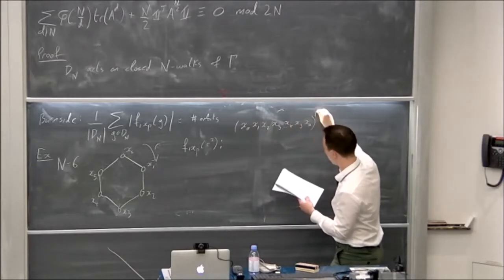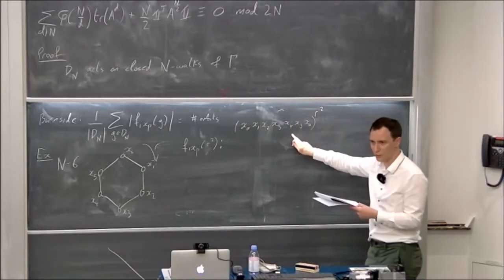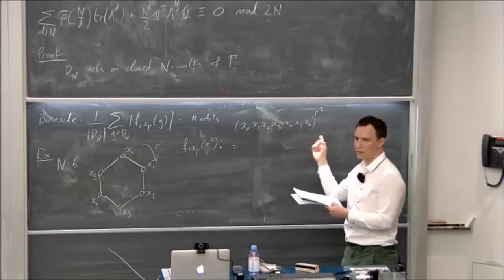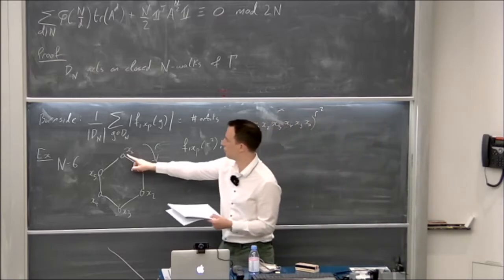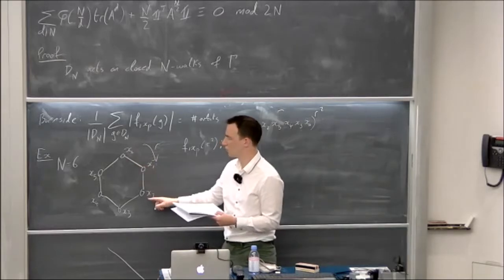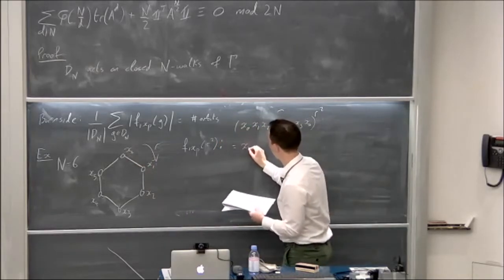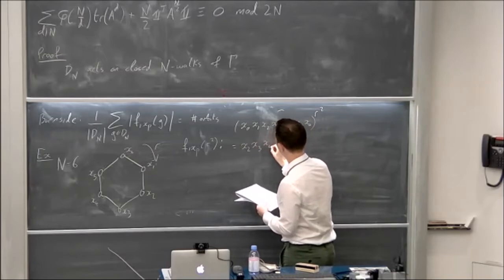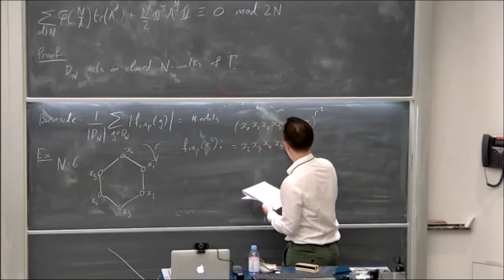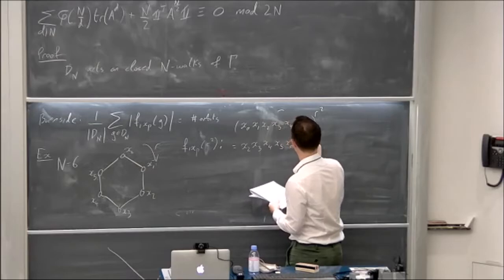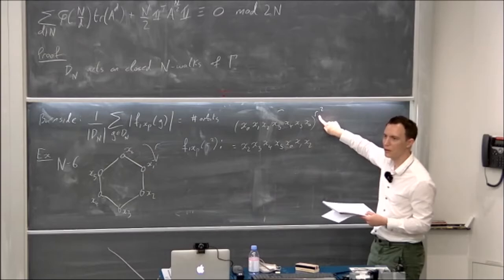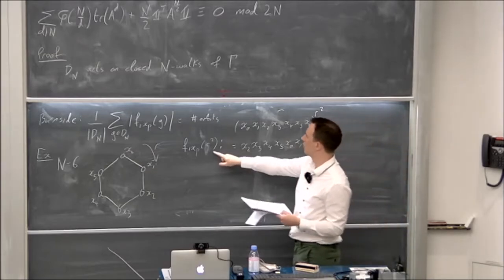And now we'll apply R squared to this walk. So if we do that, we're just shifting the indices. So x0 goes to x2, and then x1 goes to x3, x4, x5, x0, x1, x2. Okay, and if this is fixed by R squared, then these should be equal.